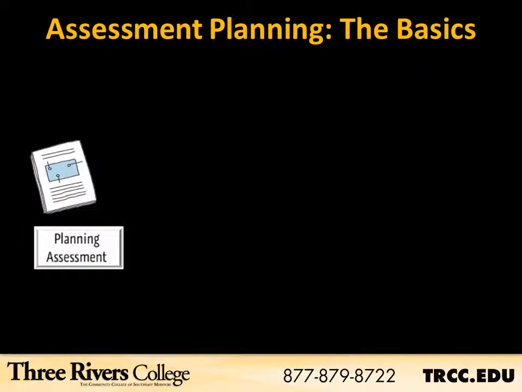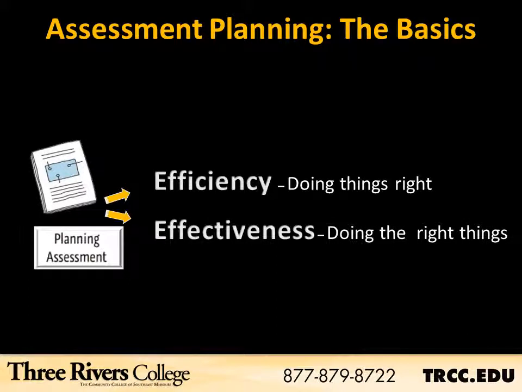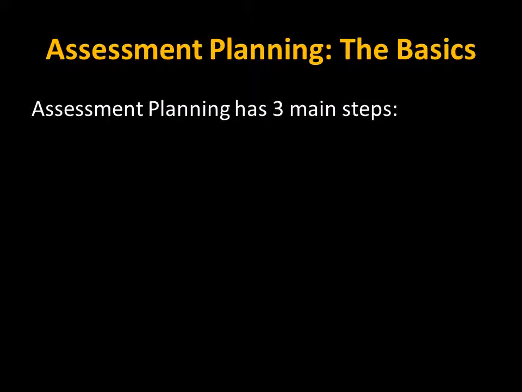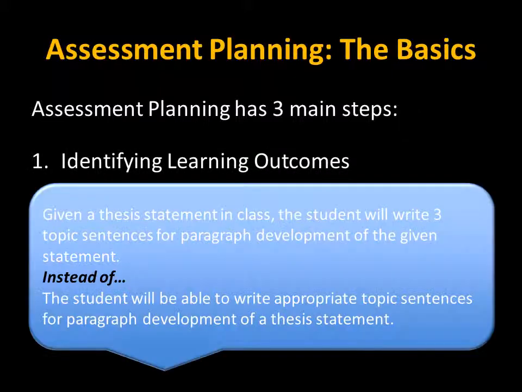Like with most other things, planning in assessment pays off both in efficiency and effectiveness. There are 3 main steps to assessment planning. The first step is to specify learning outcomes.